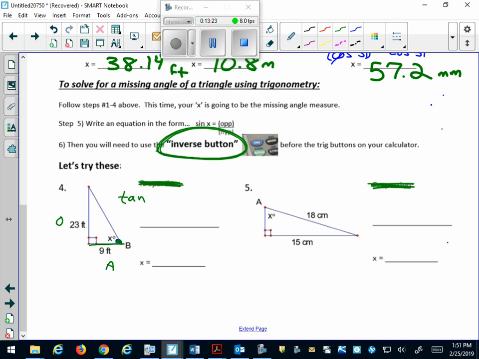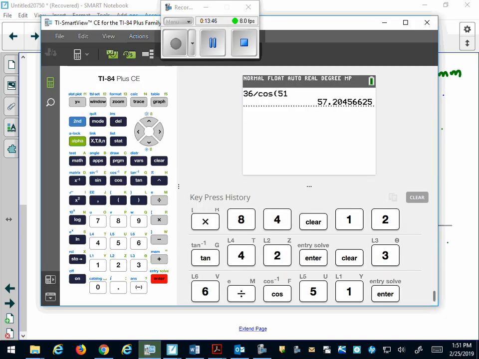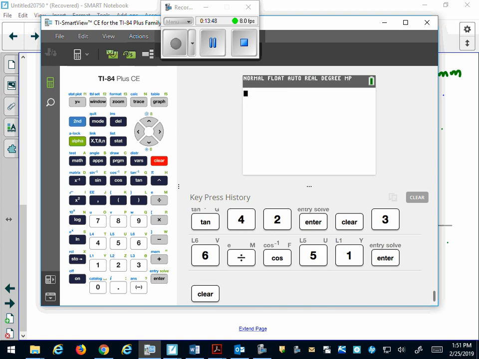So we have tangent of what? X, right? Because it's always the angle measure that follows the trig function. Tangent of x equals opposite over adjacent, 23 over 9. Well, in our calculator, we have to use what's called the inverse button.